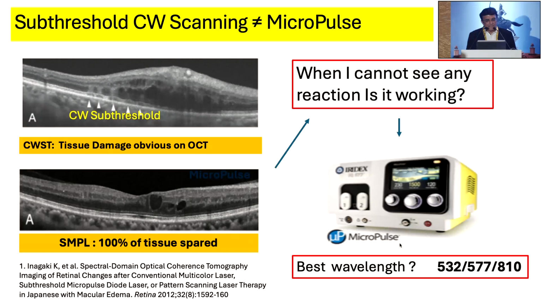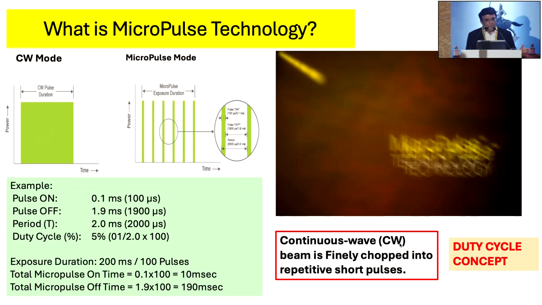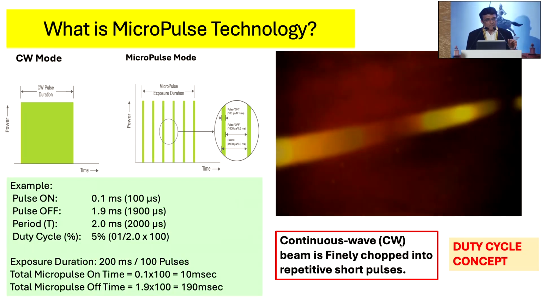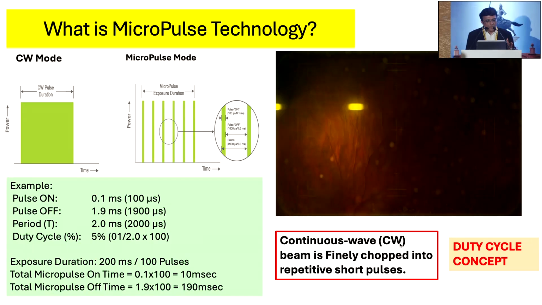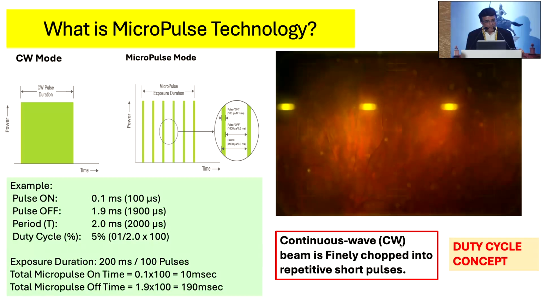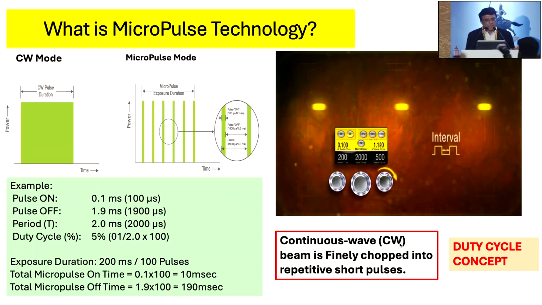A micropulse laser is not the same as a subthreshold laser. This part you must remember, because in micropulse laser, the pulses are electronically divided to make it into micropulse, and this is what it is. If it is a 5% duty cycle, that means for the 2 millisecond laser, it's divided such that the gap is about 1900 microseconds, which is no activity, and about 100 microseconds where activity is there.